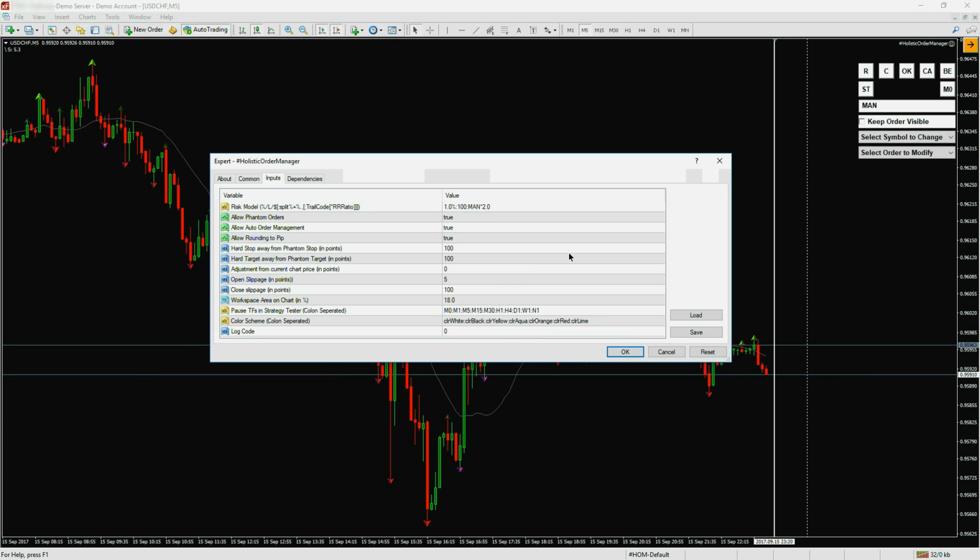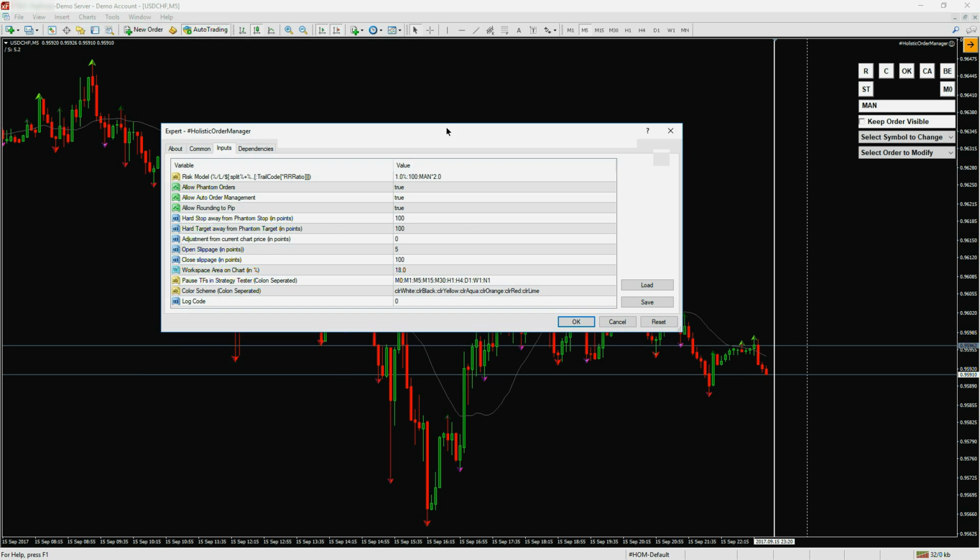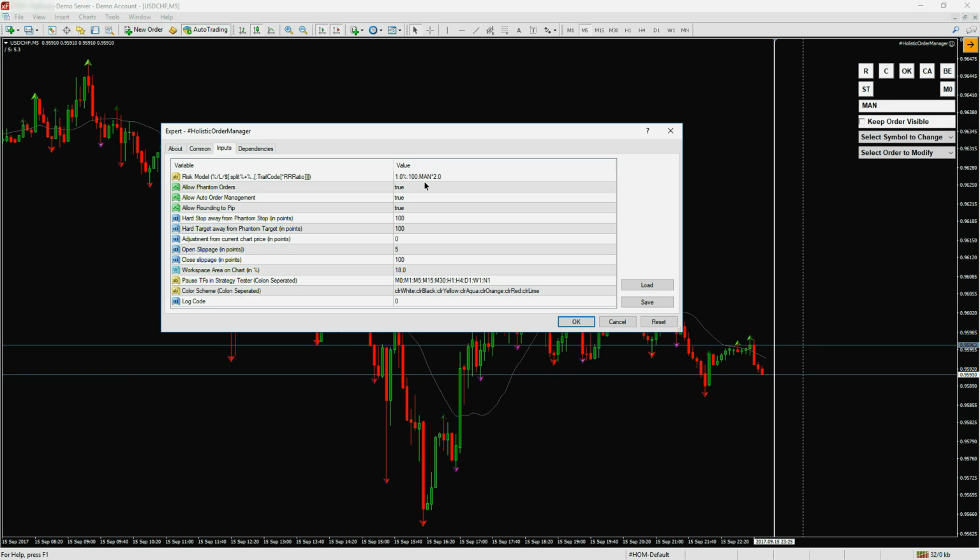Let's look at it now here. Right now, in this risk model, we want to risk 1% of our account balance. We want to create only one trade with that risk amount, and my default trailing method, if the order turns into a live order, is manual.